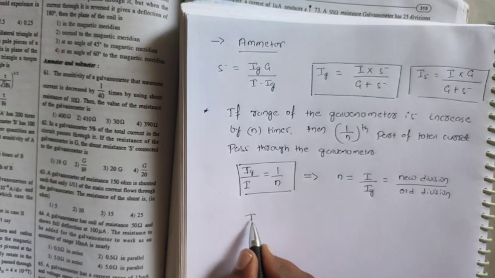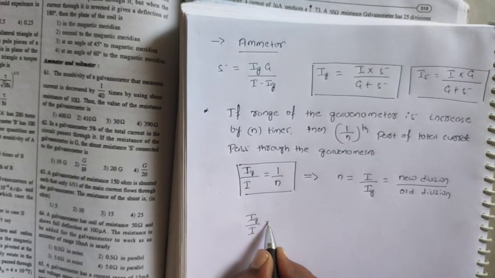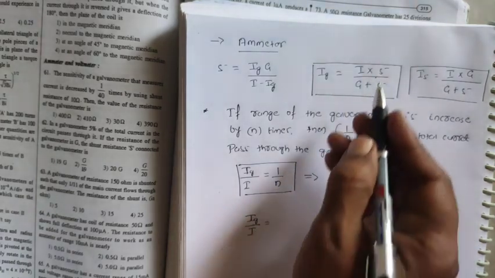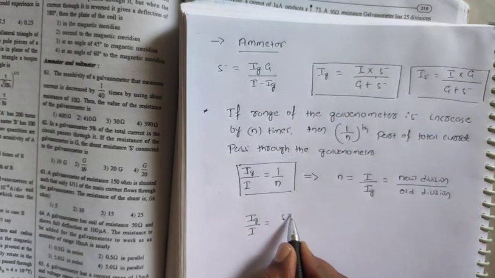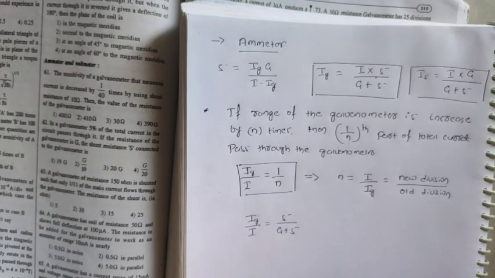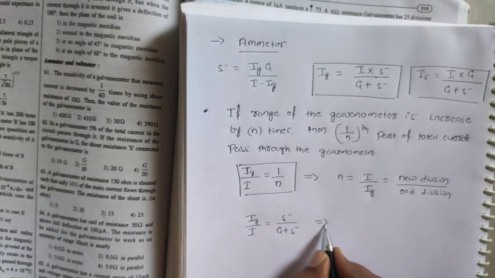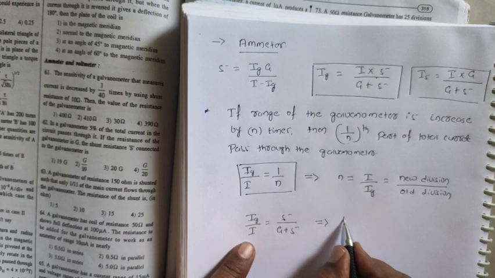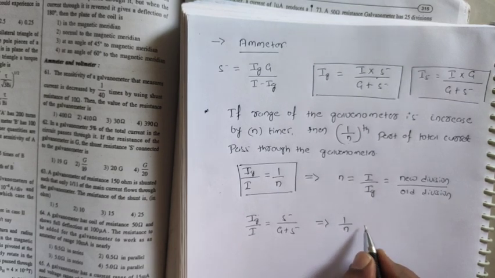Now by making use of this equation, I will rearrange it. Ig by I is equal to S divided by G plus S. Wherever Ig by I is there, I take it as 1 by n.